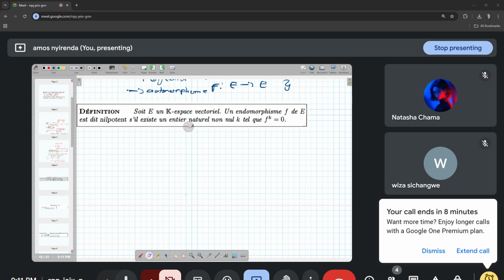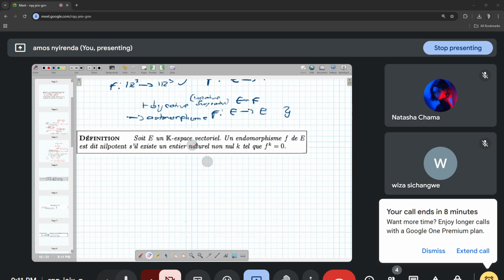So here we must be very careful. S'il existe, let me first highlight a few important parts of this particular definition. S'il existe, if I find one item, then there's a chance that many other items are going to exist. And then I only have to find one, right?